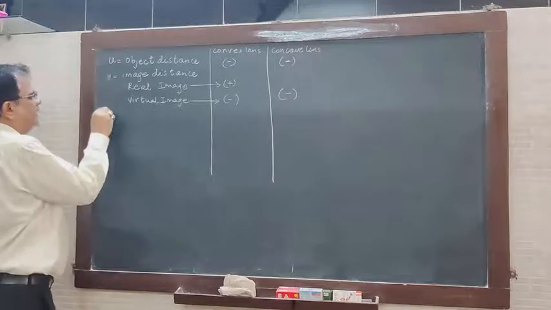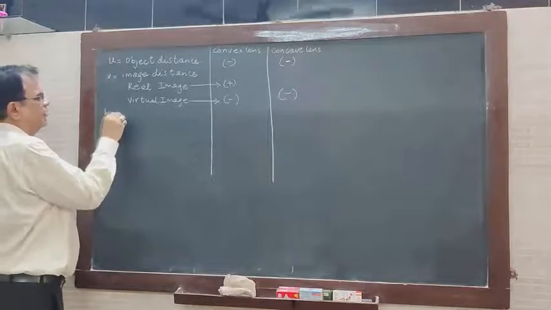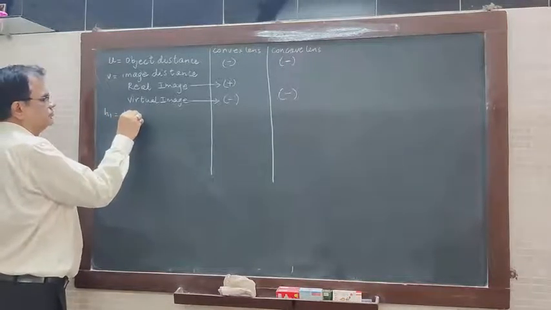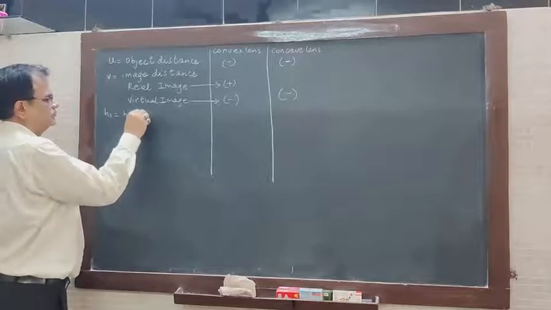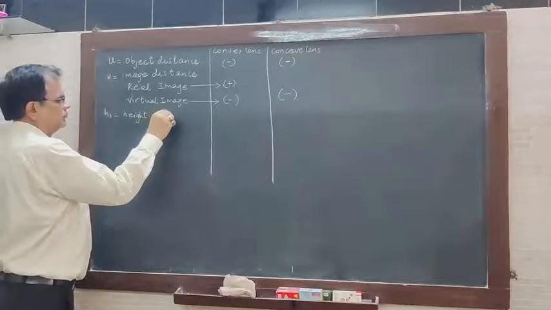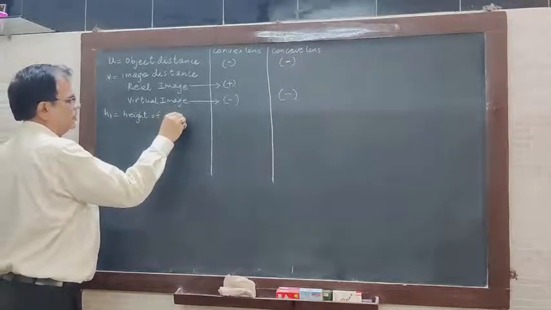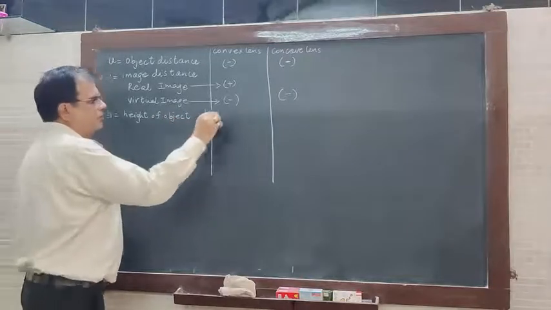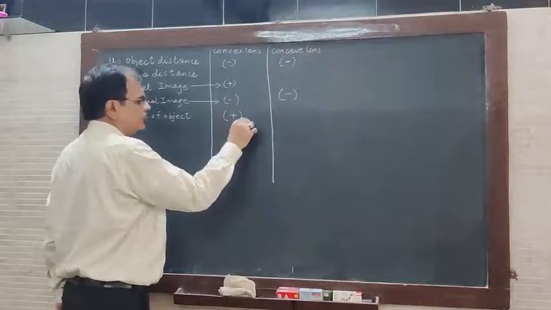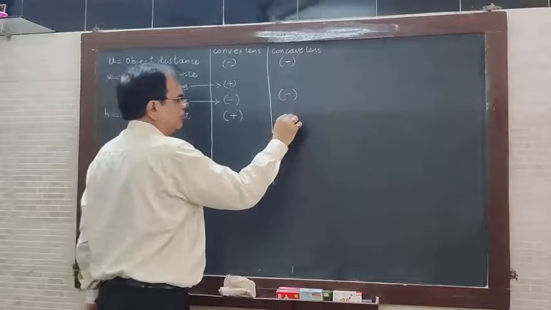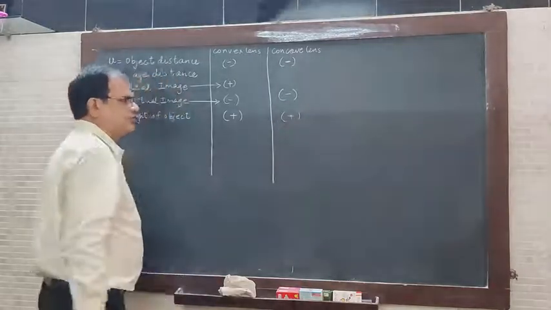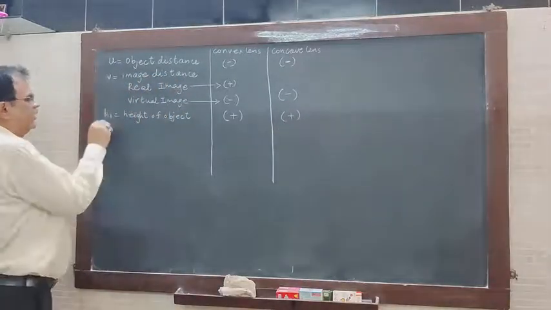Okay. Then height of object h1. Height of object, for convex lens also it is positive, for concave lens also it is positive. Then height of image.